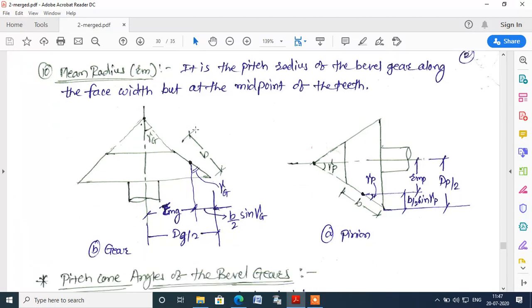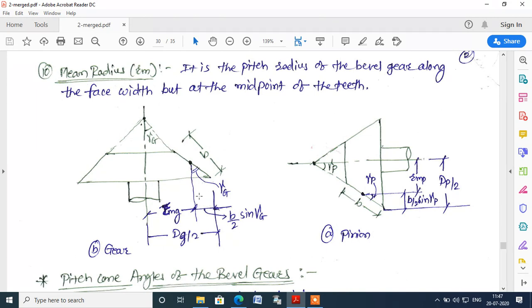See here, this is the face width b, and this is the mean radius Rm. So Rm is here. It is the pitch radius of the bevel gear along the face width, but at the midpoint of the teeth. So this is the mean radius Rm up to here. Here also, this is Rm.